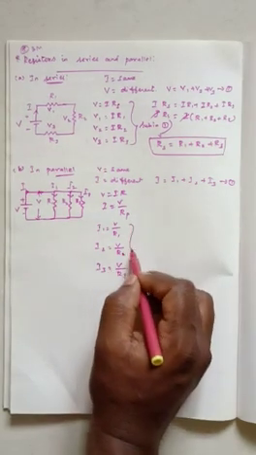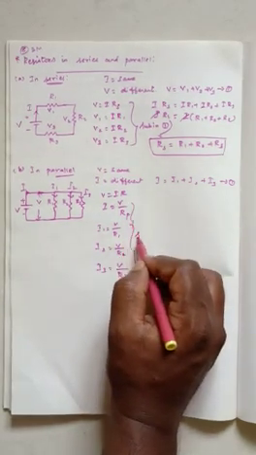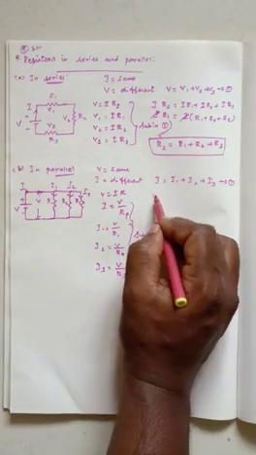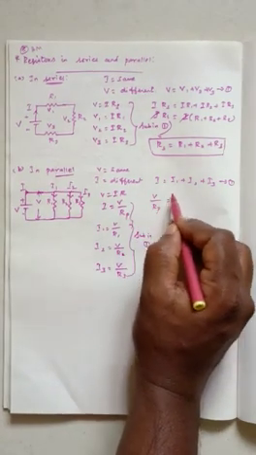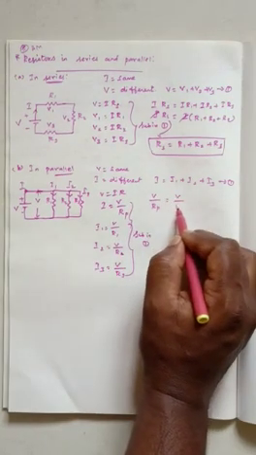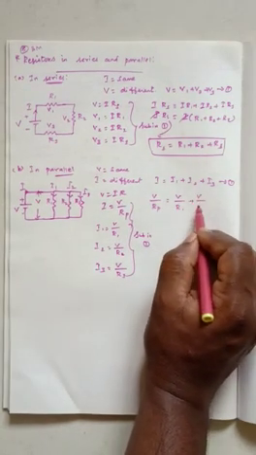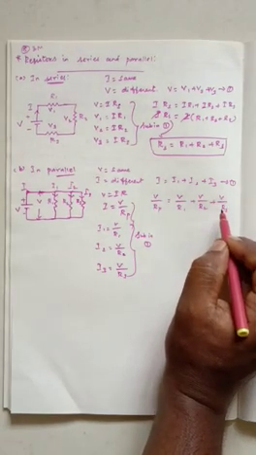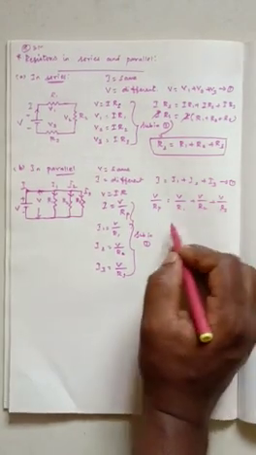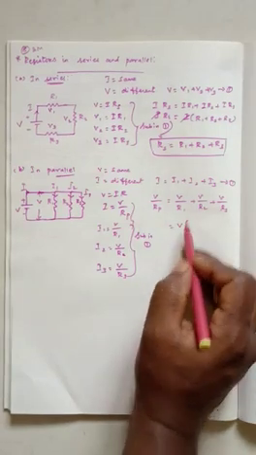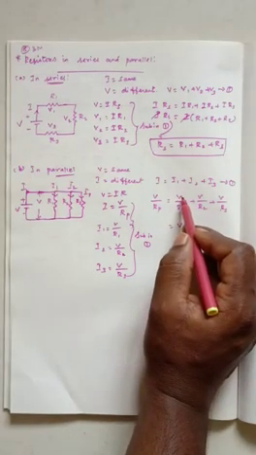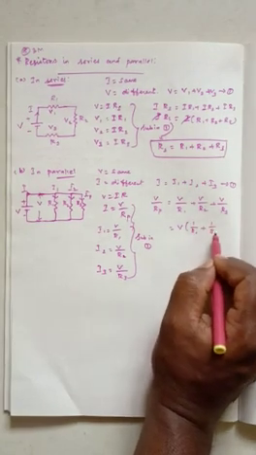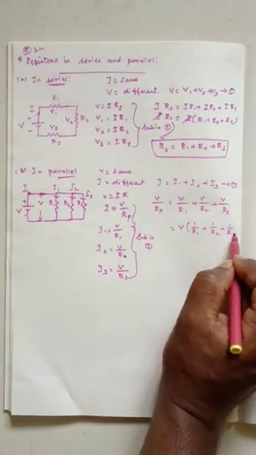Okay, so all these are substituted in 1. What is the value? I equal to V by Rp, then I1 equal to V by R1, similarly I2 is equal to V by R2, I3 equal to V by R3. Here V is common and is taken out, the remaining are 1 by R1, 1 by R2 plus 1 by R3.